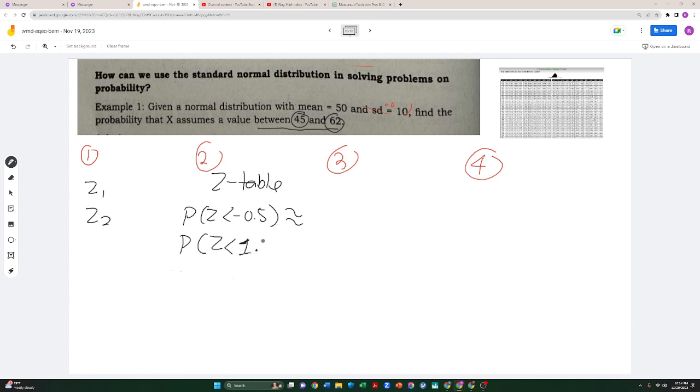So 1.2. So pagkahuman ana, na-convert na nimo, gigamitan nimo z table, then that's the time na pwede na kamo gamit og formula, which is ginaingon diri na formula.